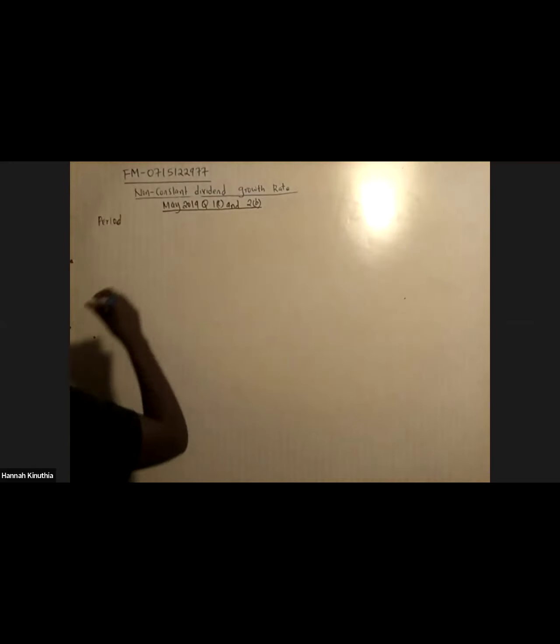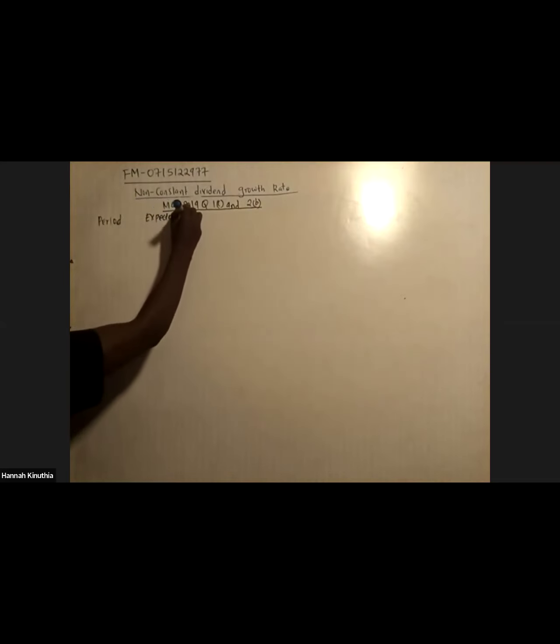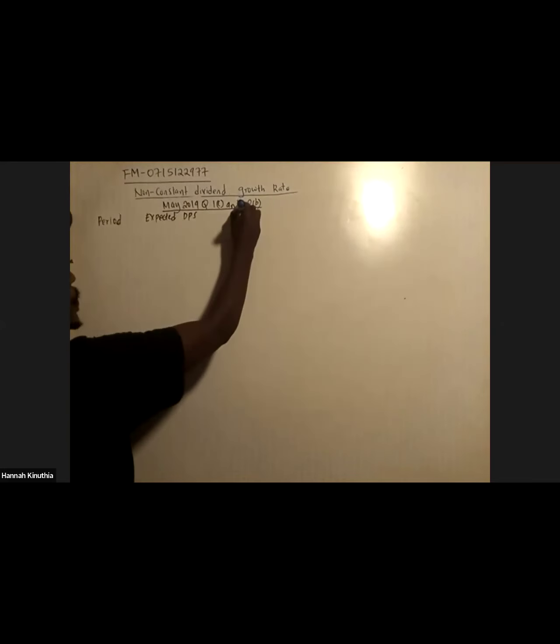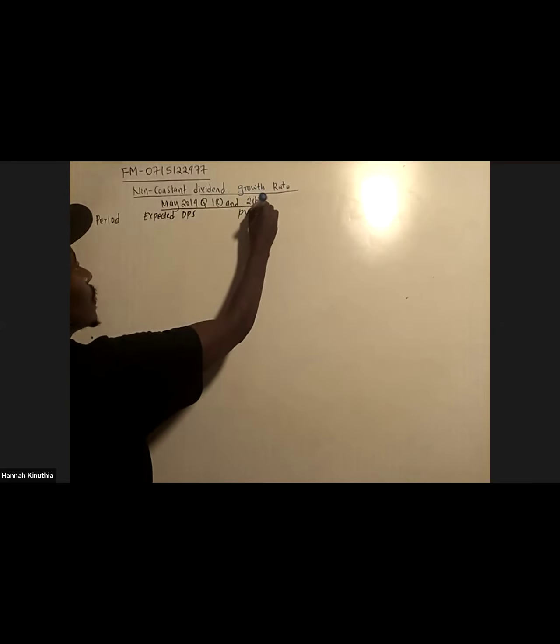So we have the period, then expected dividend, expected DPS, then the present value interest factor.